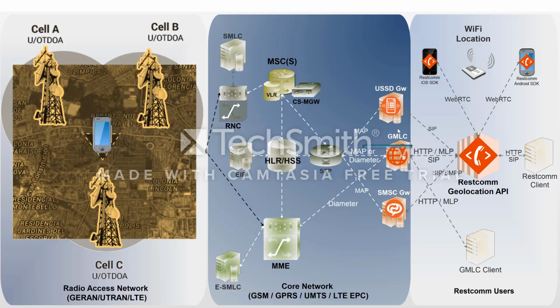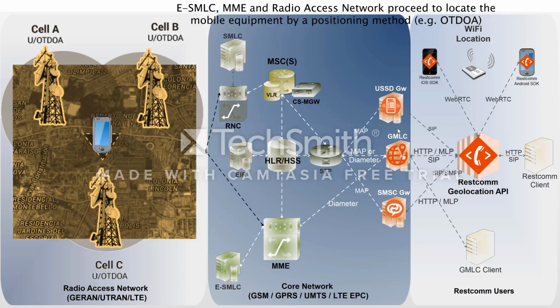An HTTP POST goes to the GMLC, and instead of a MAP Any Time Interrogation, a Routing Information Request and a Provide Location Request are sent to the HLR or HSS and MME respectively. Then the MME sends the request to the Evolved SMLC, the Serving Mobile Location Center, which jointly with the MME and the radio access network will proceed to locate the mobile equipment by a positioning method, for example, Observed Time Difference of Arrival, OTDOA, right?